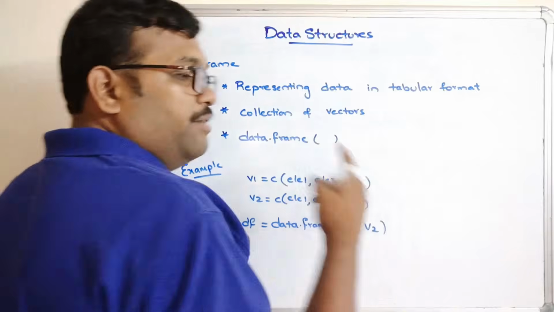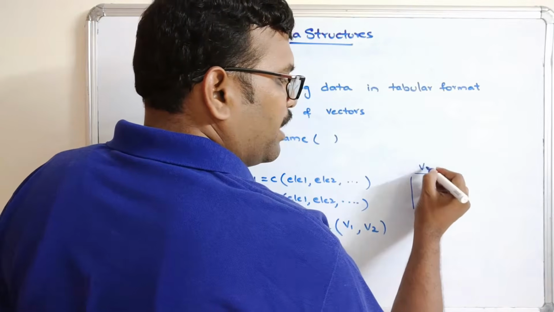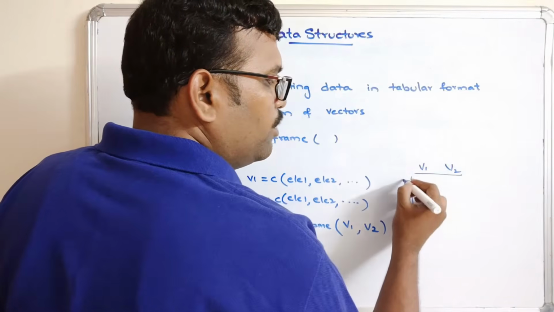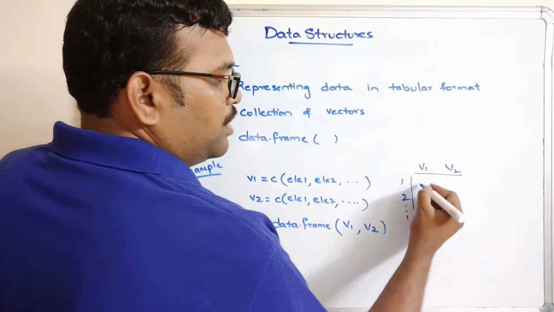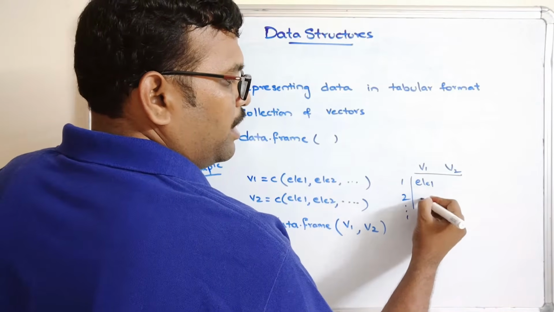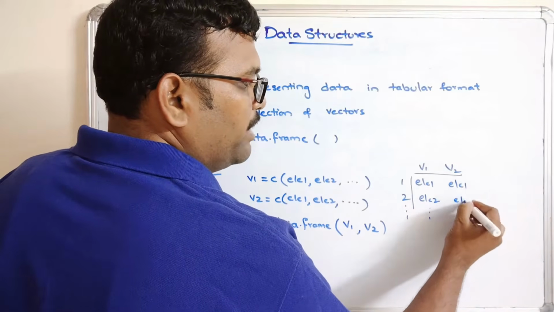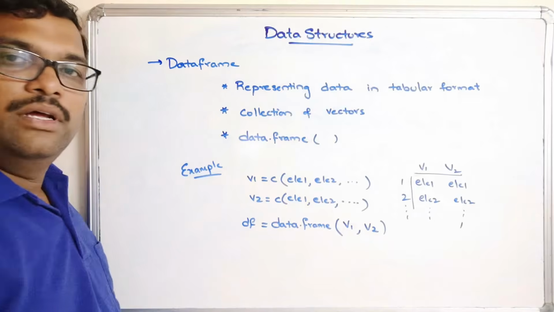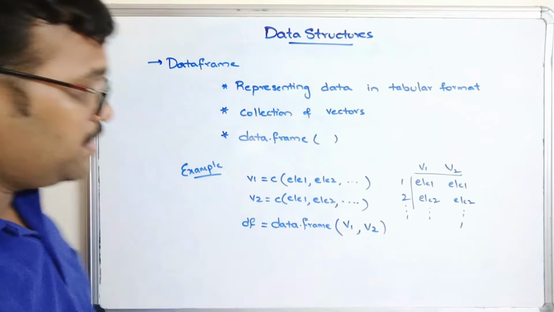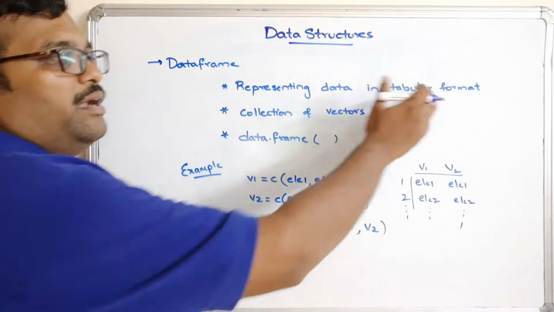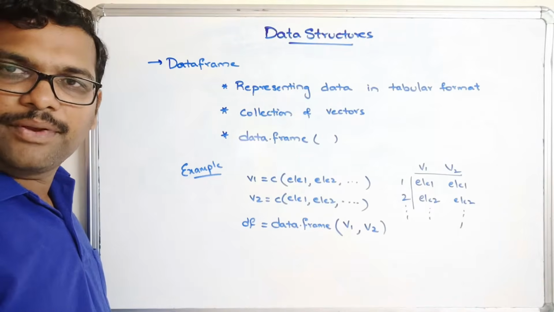If you execute the program, you will get the data in a tabular format, with names v1, v2 and indexes 1, 2 and so on. So the output will be displayed in this format, representing the complete data in a tabular format. That is the data frame data structure.